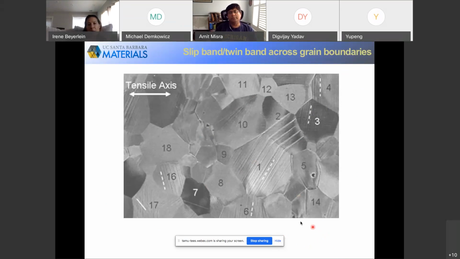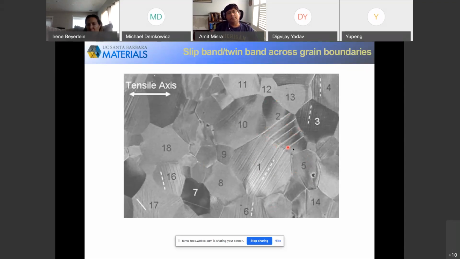online. But another interesting slip twin interaction has to do with the formation of slip bands at the ends of twins. He's seen several instances where, in commercially pure titanium, which is HCP crystal structure, some of the grains, such as grain 2 here, have these nice twins that have formed.